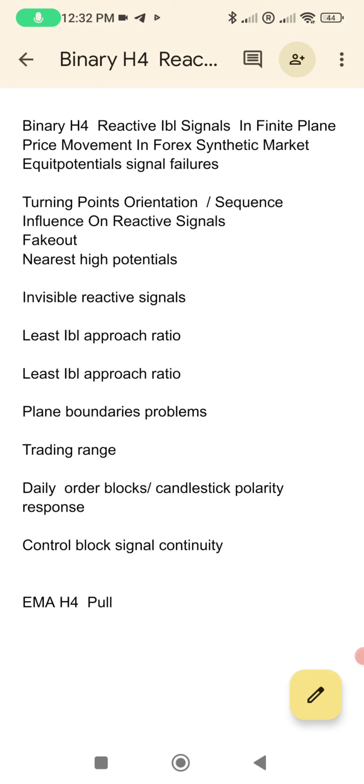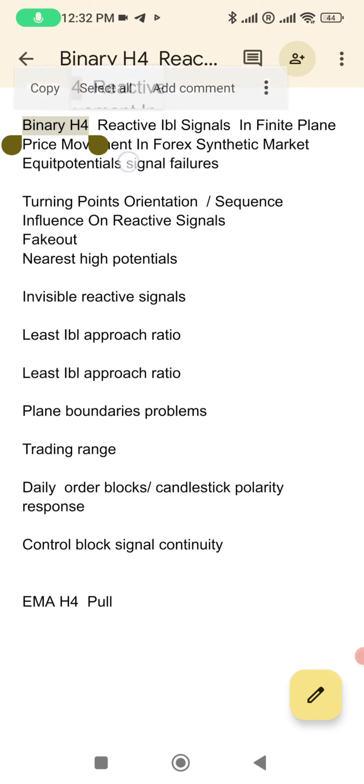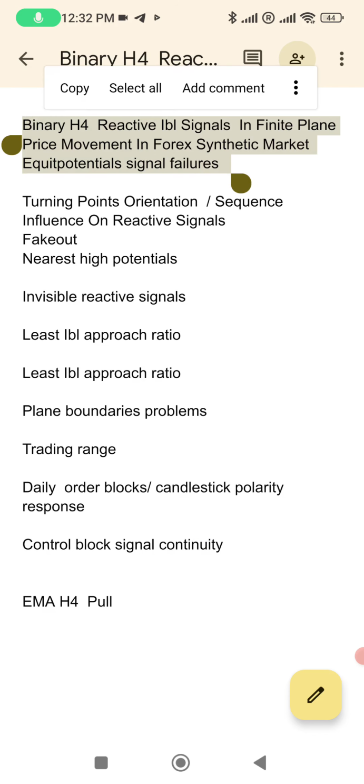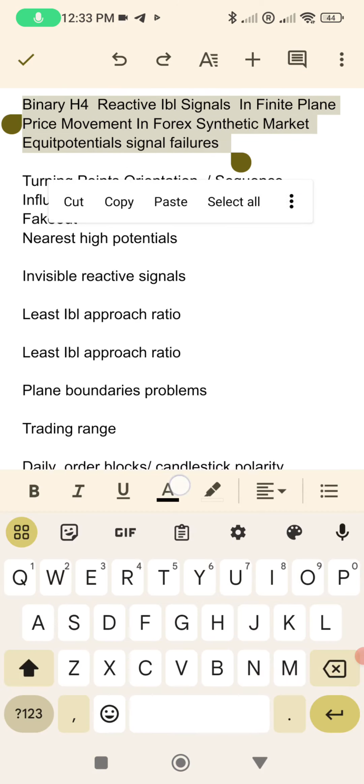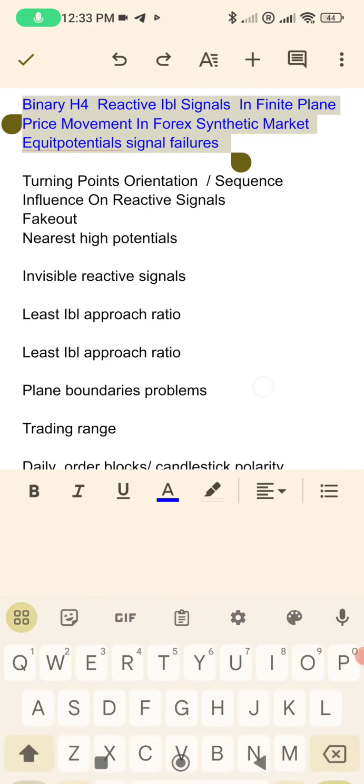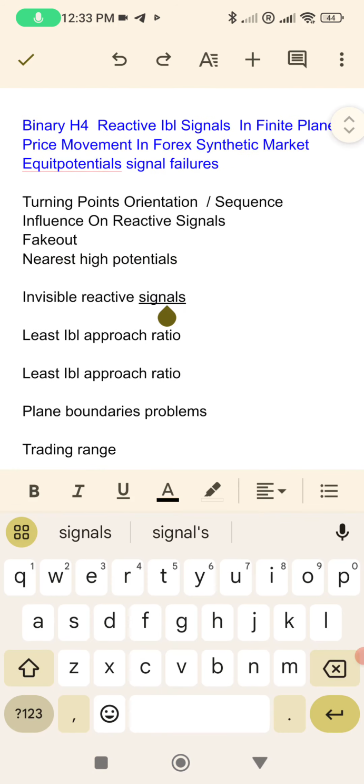So this is the topic that we're going to be discussing. The topic is binary H4 reactive.